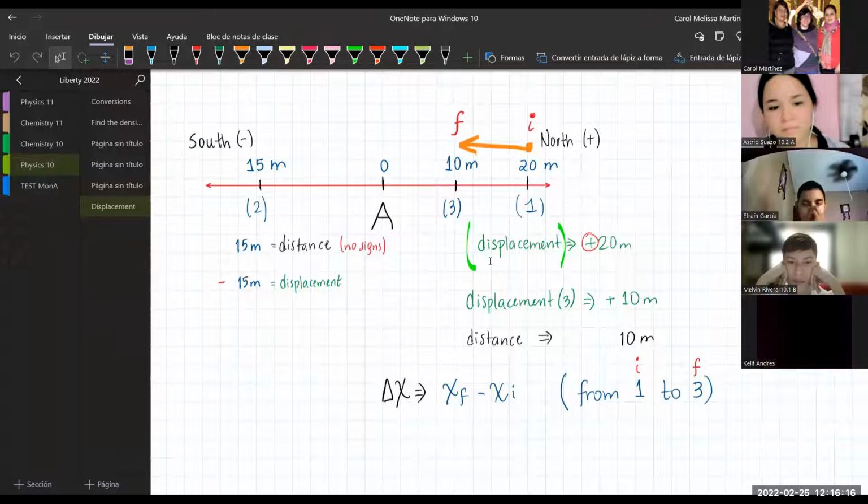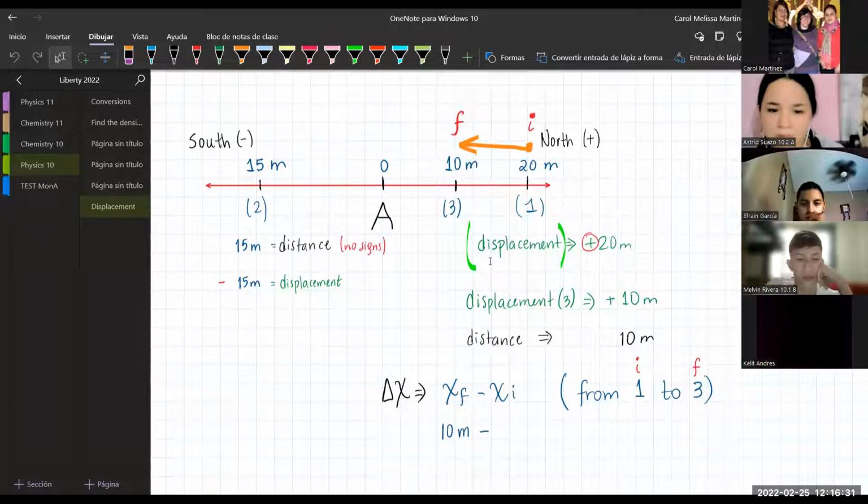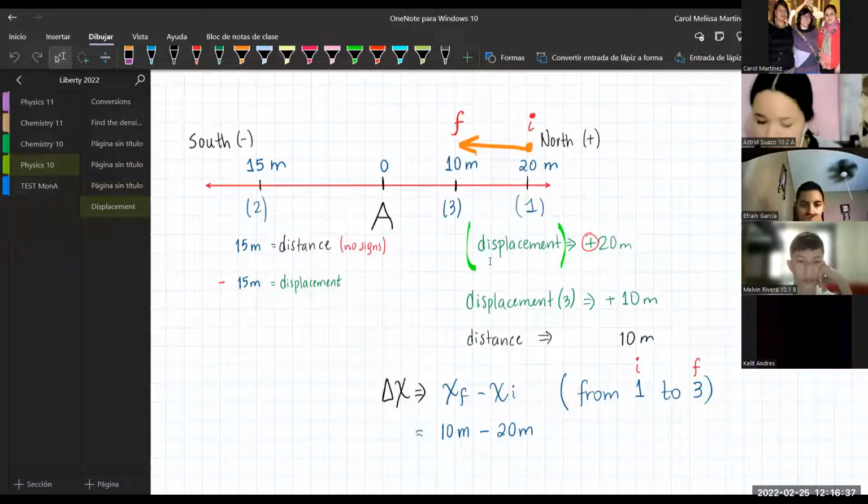We say X final. What is the final position? 10 meters. What is the initial position? 20 meters. So what is my total displacement? Negative 10 meters.